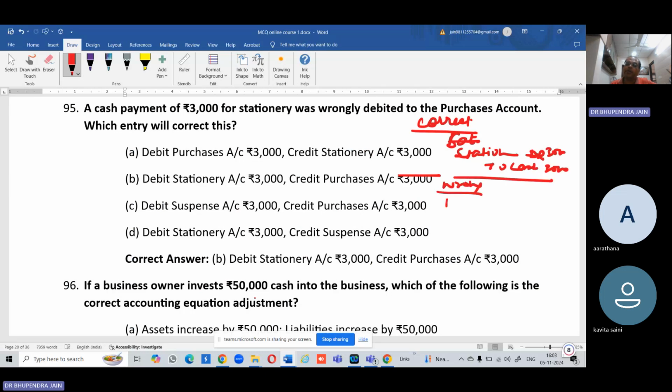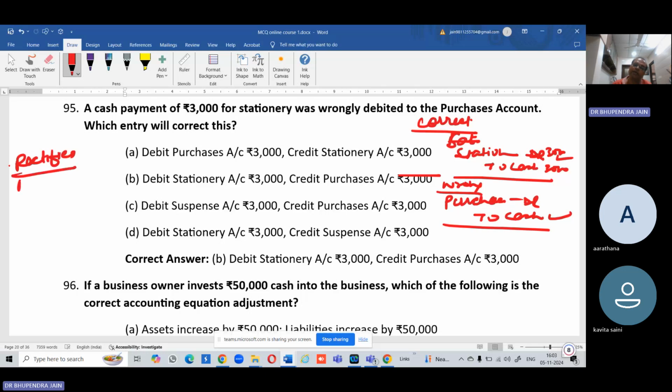And what is the wrong entry? We have passed purchase account debit to cash. So cash is correct. No need to change. So what will be the rectified entry?